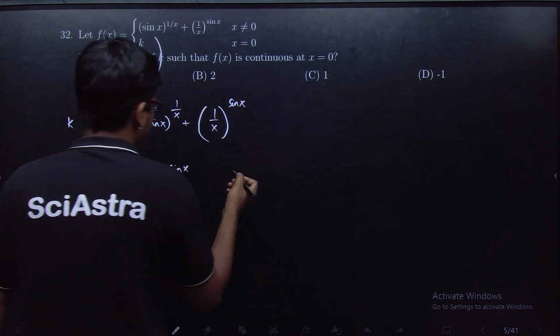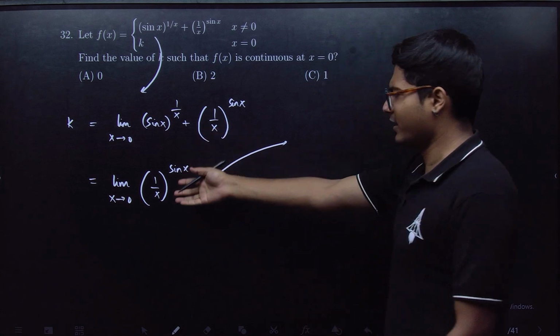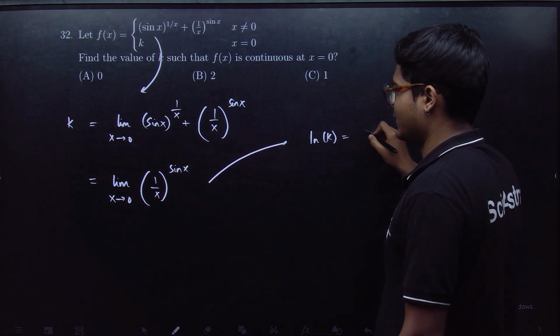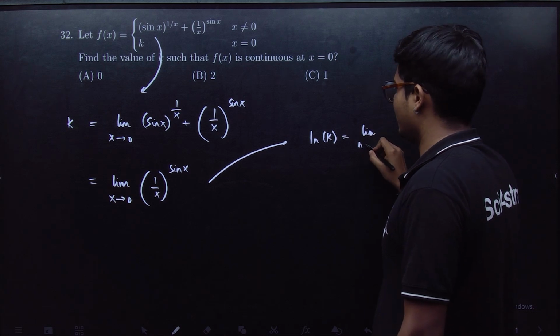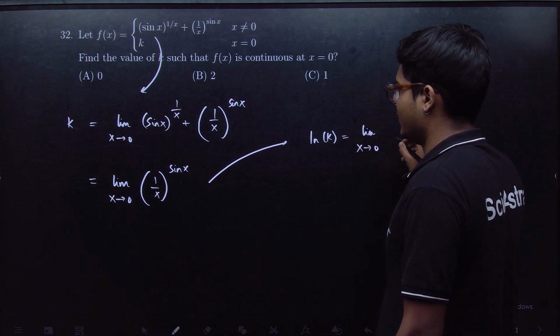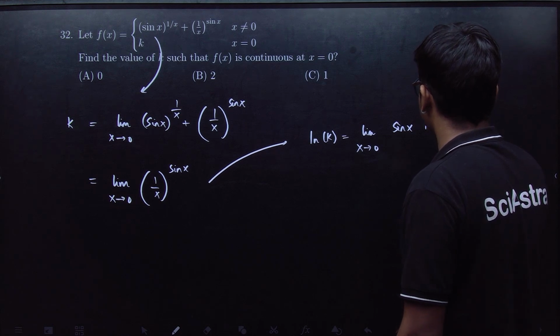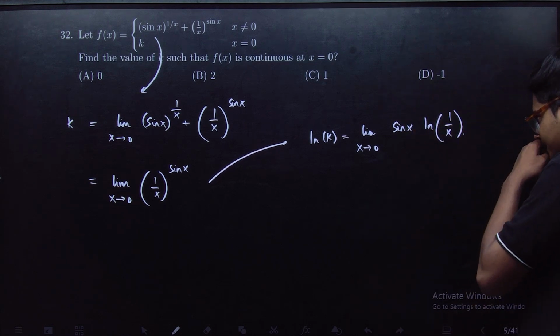Now you can basically use L'Hopital to find this. So suppose we call this limit k, we can say that ln k should be the limit as x goes to 0 of sin x ln of 1 by x, right? Okay, cool.